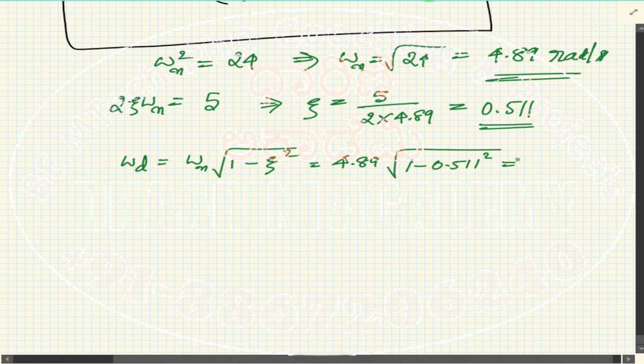So normally omega d will be less than the omega n. Okay, so 4.20 is acceptable. This is again in radians per second.